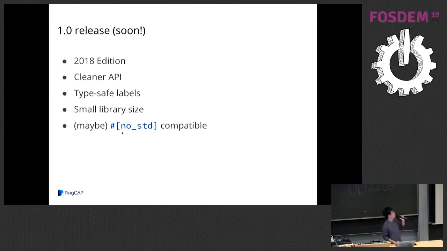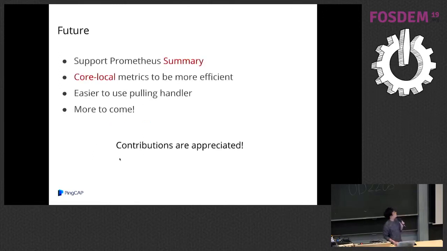Also, we will provide a smaller library size, and maybe we will support the no standard library environment, and you can use it in WebAssembly or some embedded service. And for the future, we will also support a metric kind called summary. And also, we continuously want to make the metrics very fast.